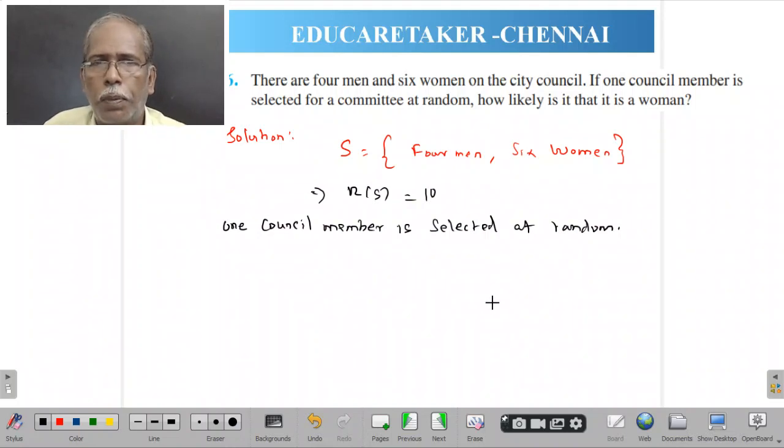Then the probability that the selected member is a woman.